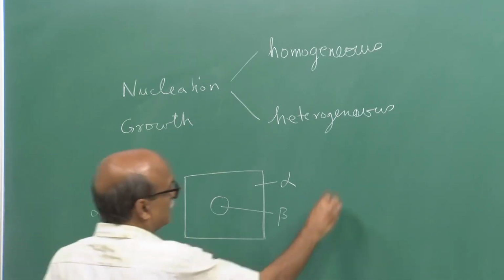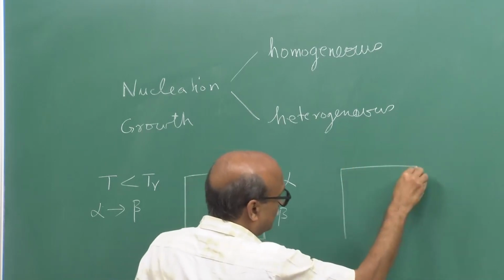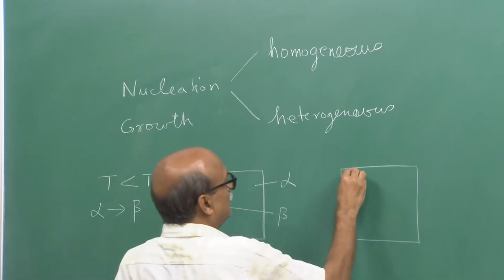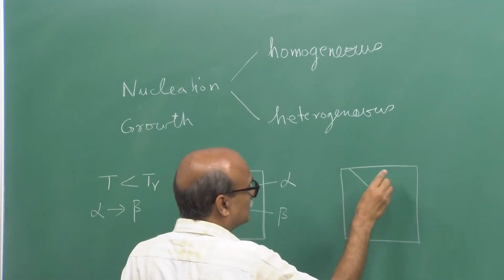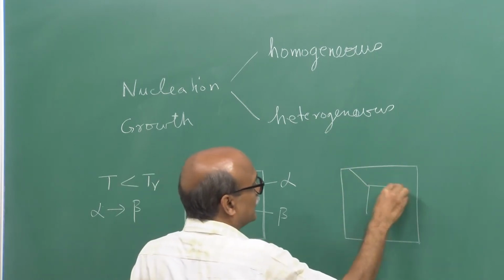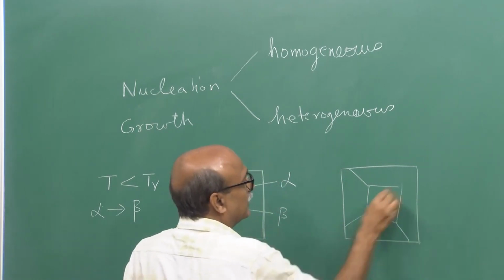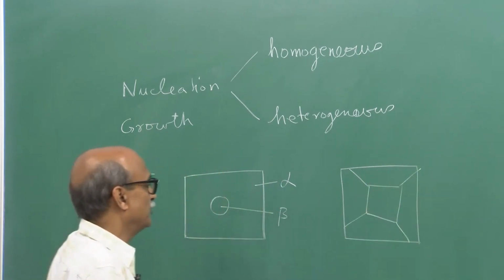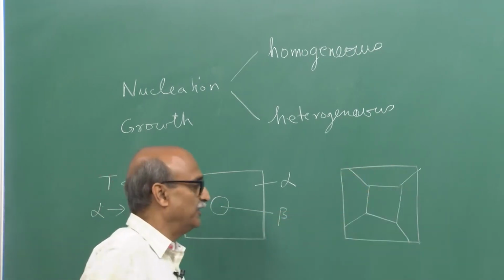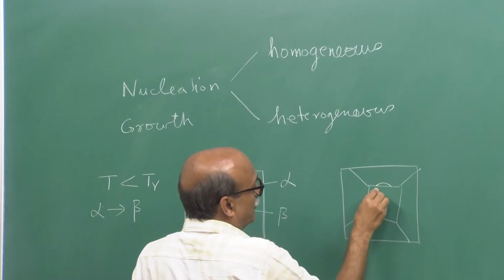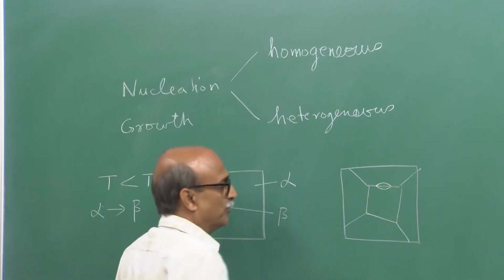An alternative way that a beta precipitate may form could be, for example, on an existing surface, particularly a grain boundary. So, if I have a polycrystalline alpha phase, a beta precipitate may form on the grain boundary.